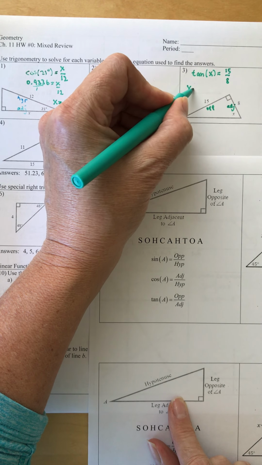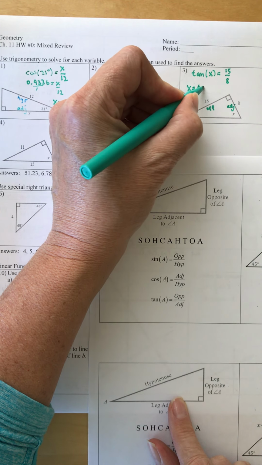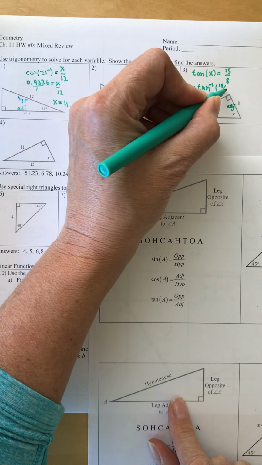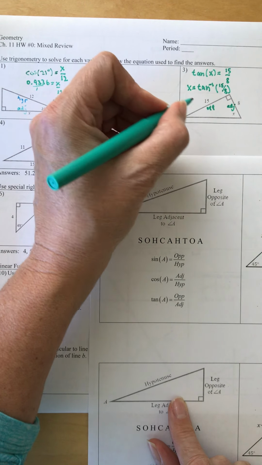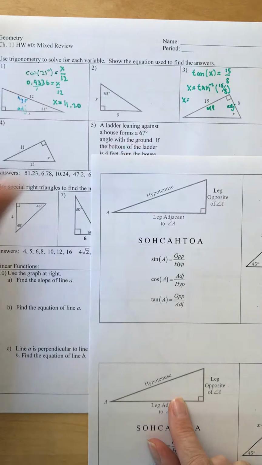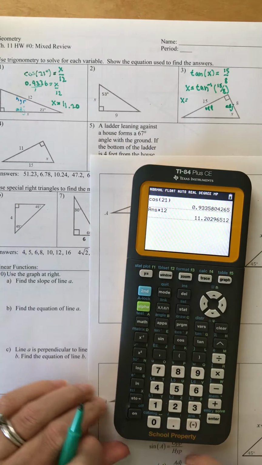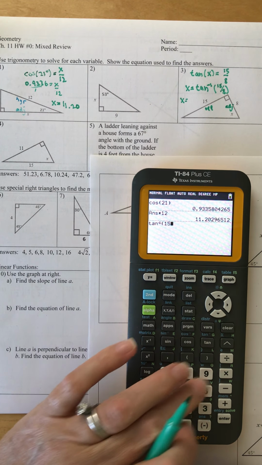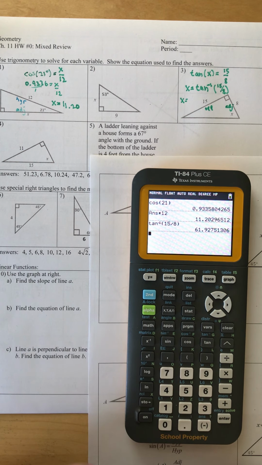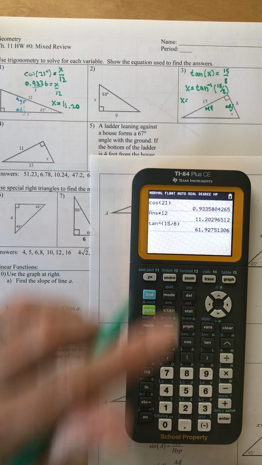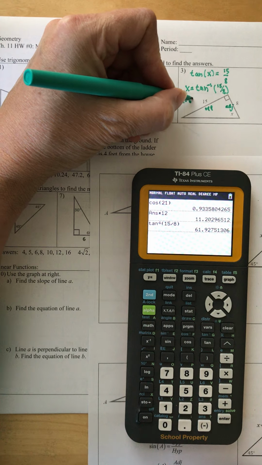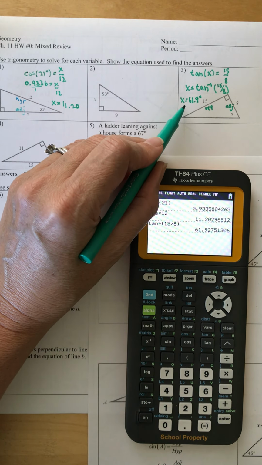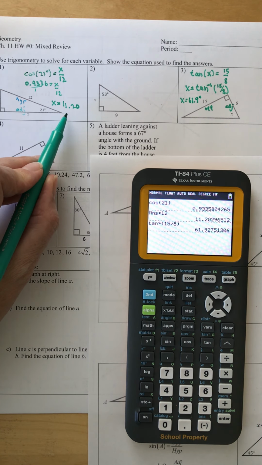And then to solve for x, I'll use the inverse tangent. The inverse tangent of 15 divided by 8 is 61.9 degrees. I like to round to 1 decimal for angles and 2 decimals for side lengths.